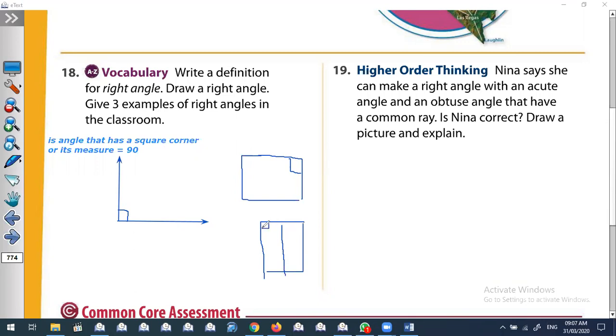This is also a right angle. What else? The edge of your desk, which has only square corners.